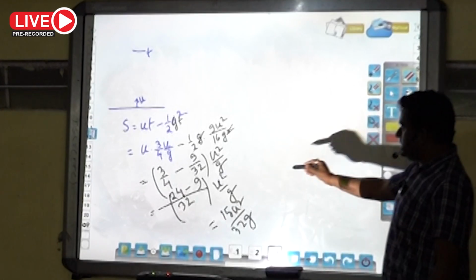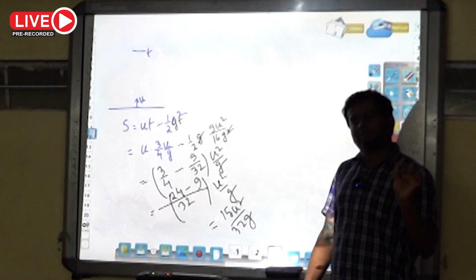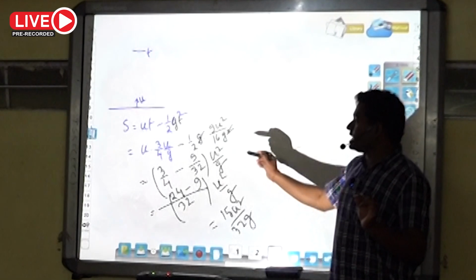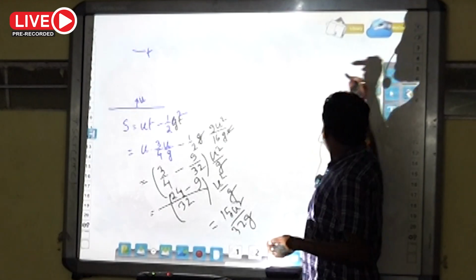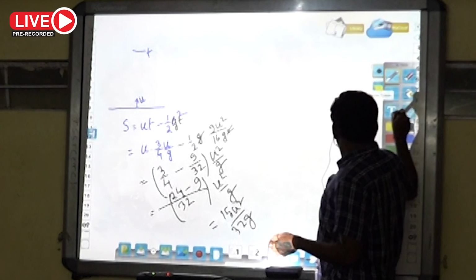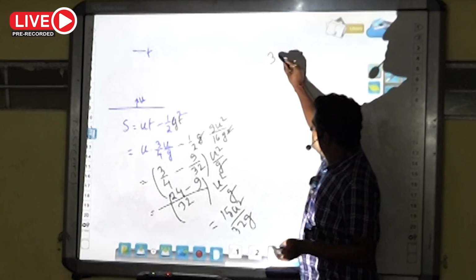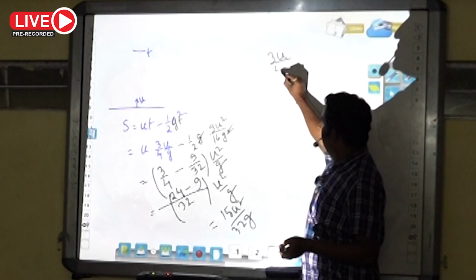In this case distance travelled and displacement will be equal, because the time that is mentioned is 3u by 4g.